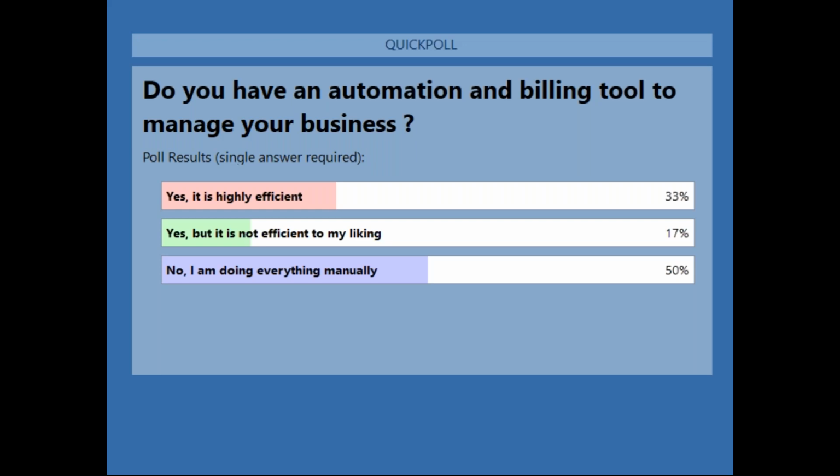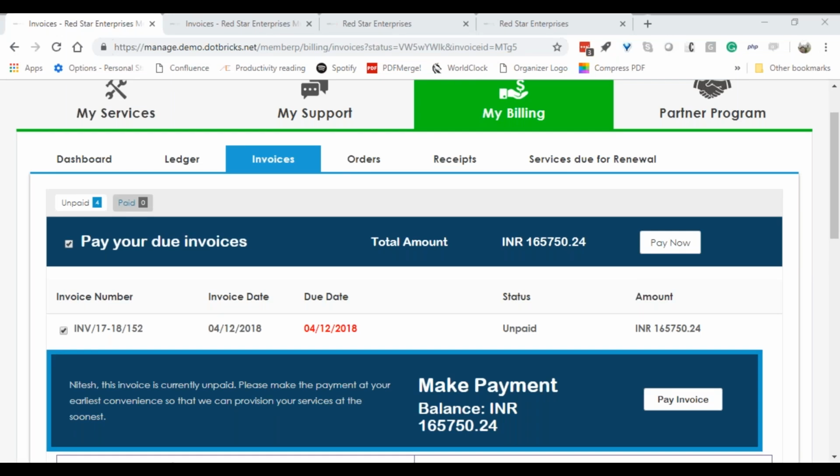And about 17% say they do have some tools, but it's not as efficient as they would like it to be. So it's very important to know that RackNap as a platform can actually help you to manage the delivery of the services and the provisioning efficiently. With that said and done, let's quickly move on to other aspects of the platform that I would like to showcase to you today.